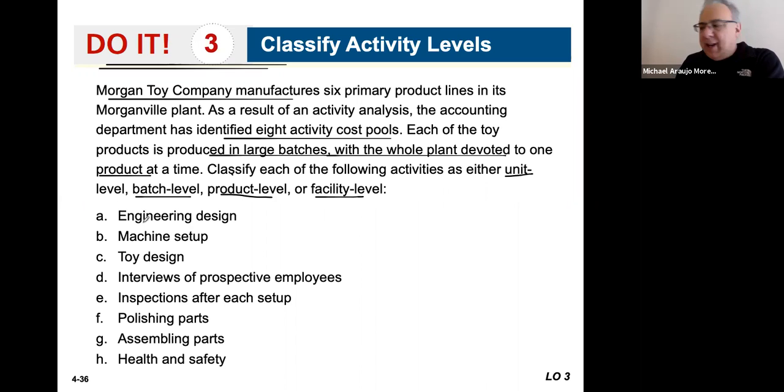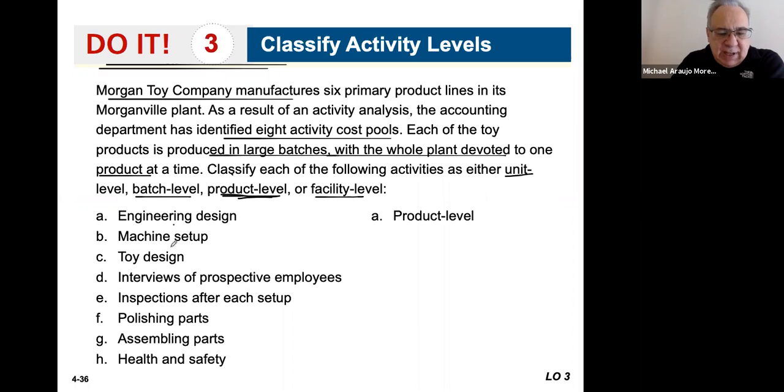So when you look at engineering, and this is where that lovely illustration comes in handy. When you're looking at engineering, this is really about where the product is designed and so forth. So engineering usually tends to be a product level activity. Right? And so as you'll see, that's what it is.